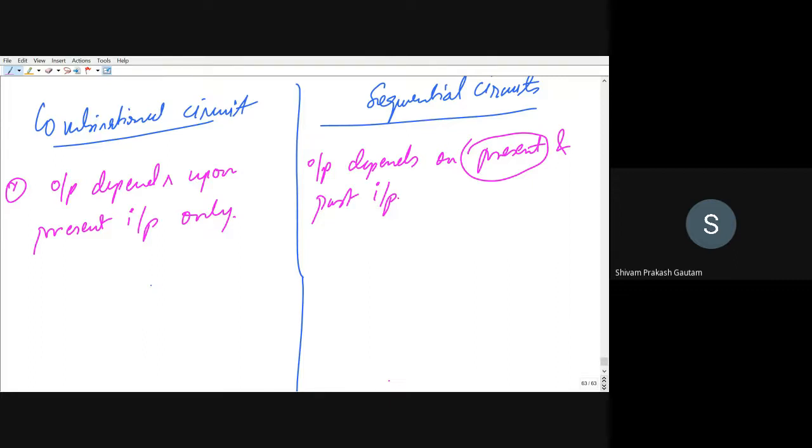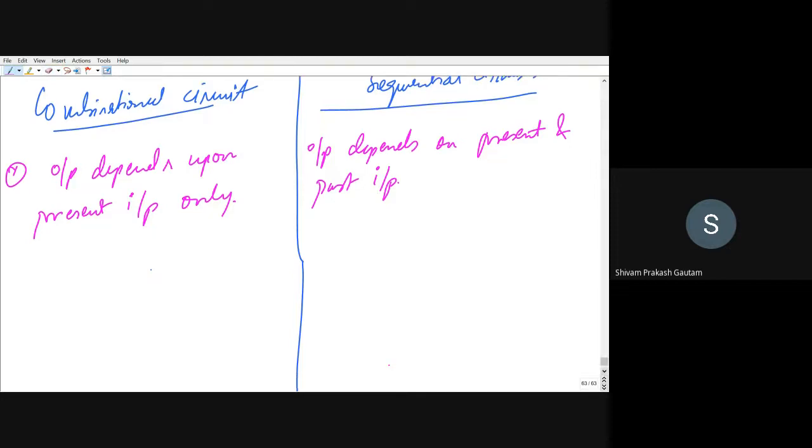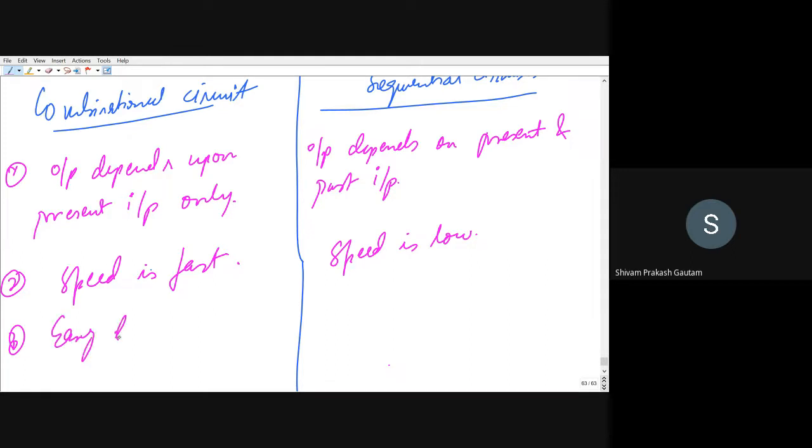So this is the first difference. Second, the speed is fast in a combinational circuit, whereas its speed is low in a sequential circuit as compared to a combinational circuit. Third difference, a combinational circuit is easy to design. A sequential circuit is somewhat complex to design as compared to a combinational circuit.